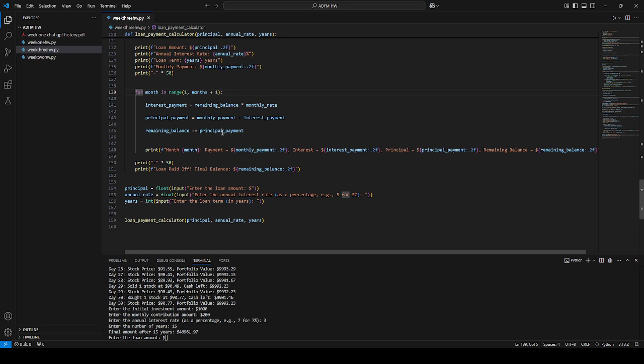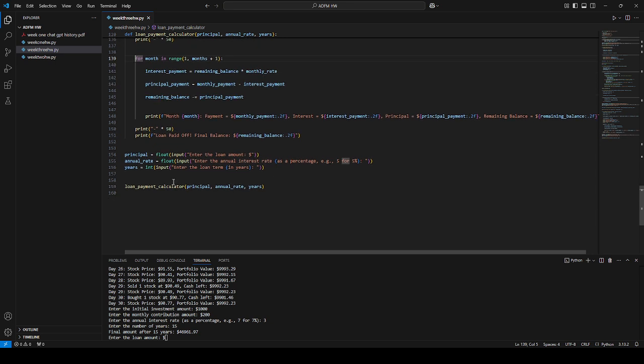So the program in general will calculate the monthly payment and display the balance after each payment. And so this is a loan payment calculator that will be our final one.